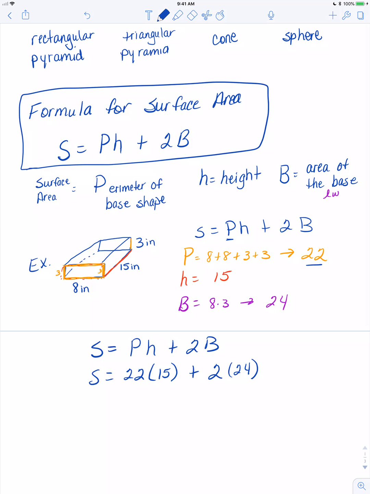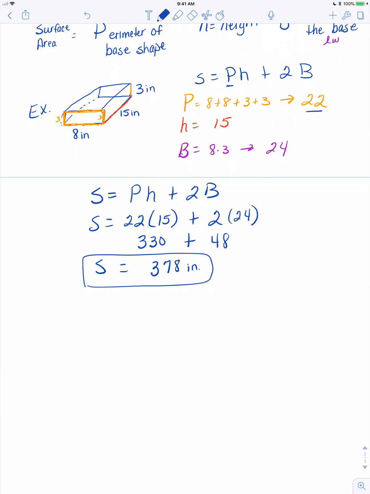We're going to say 22 times 15 is 330, plus 2 times 24 is 48. So let's add those together. The total surface area would be 378 inches of that rectangular prism.